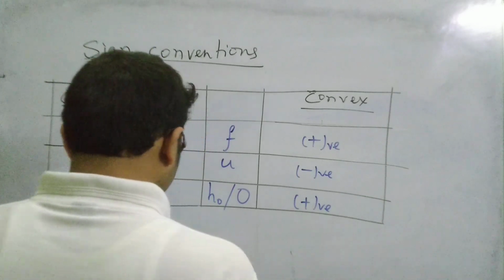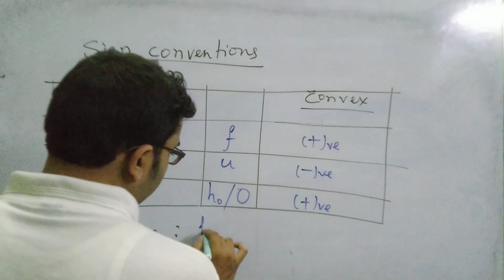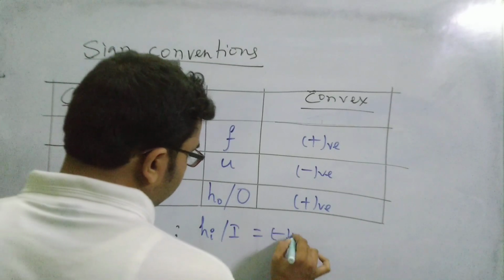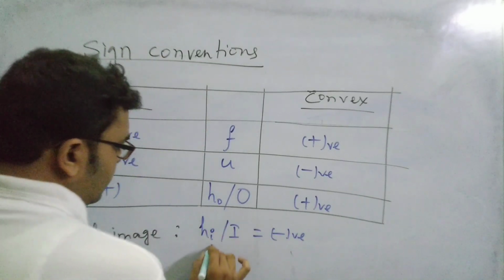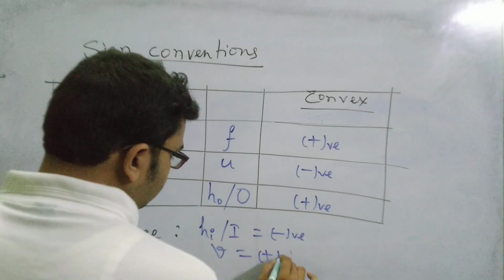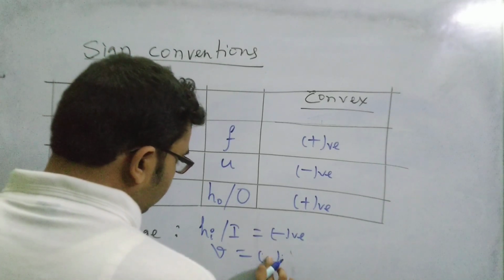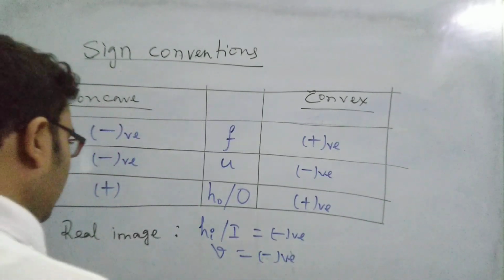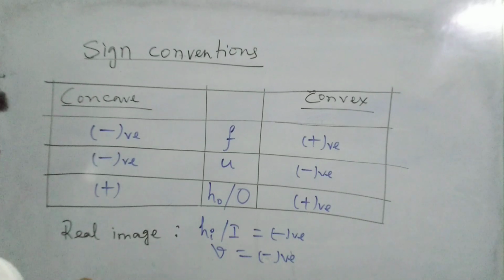So the image height, h subscript i or simply i, is always negative, and the image distance, that means the letter v, is always positive. Sorry, it should be negative. It is always negative.